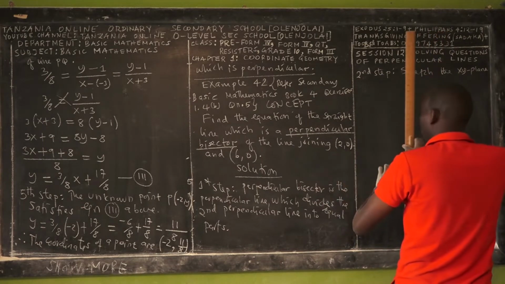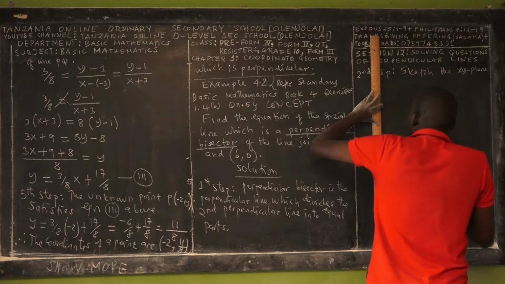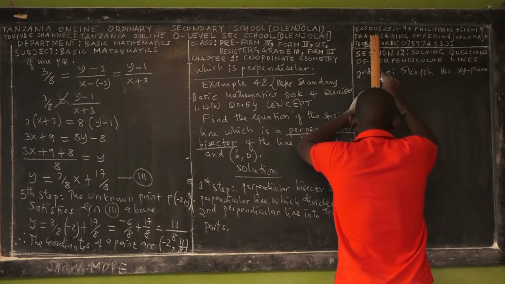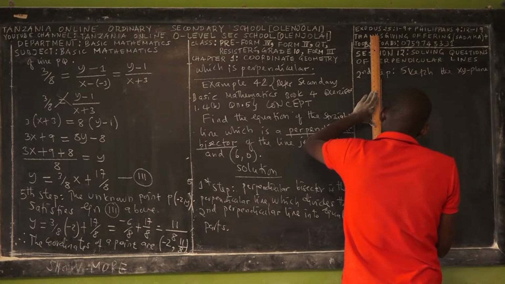So you have (2, 0). The major part of this XY plane will be the positive x-axis.